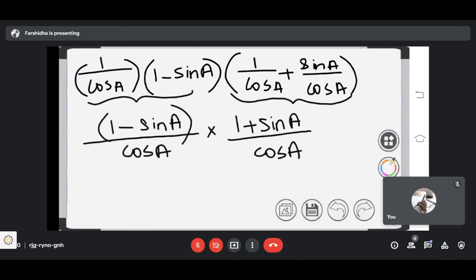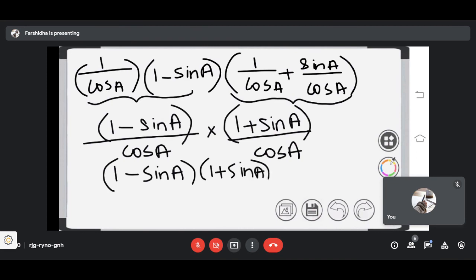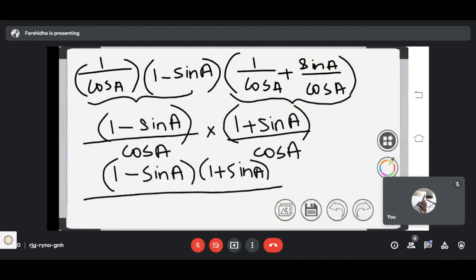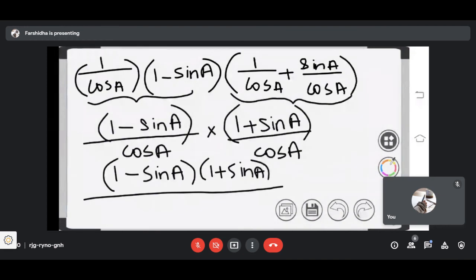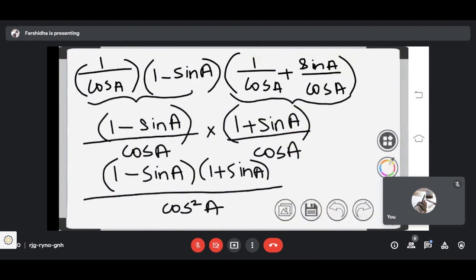So 1 minus sin A into 1 plus sin A divided by cos A into cos A, which means cos square A. So I'm writing cos square A. Write down till here.